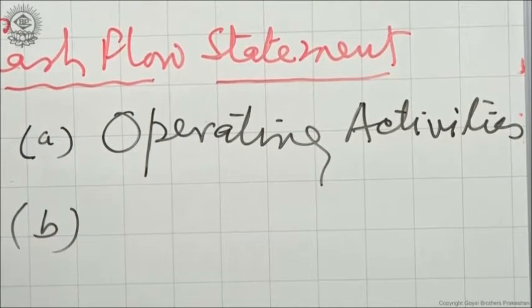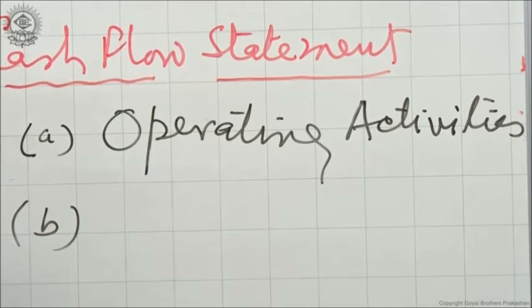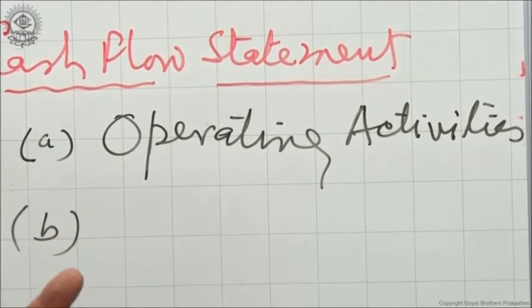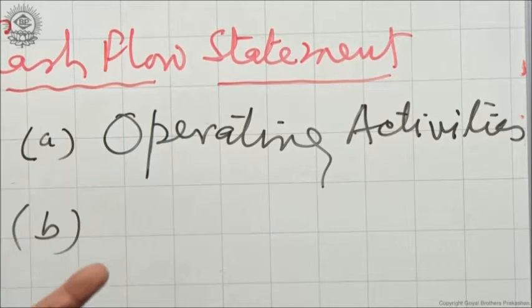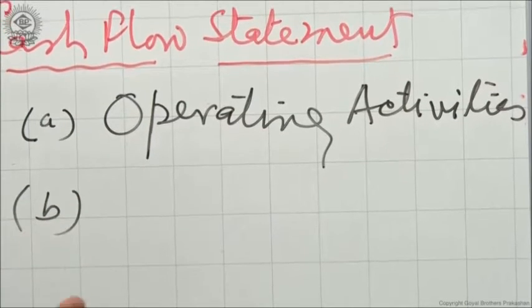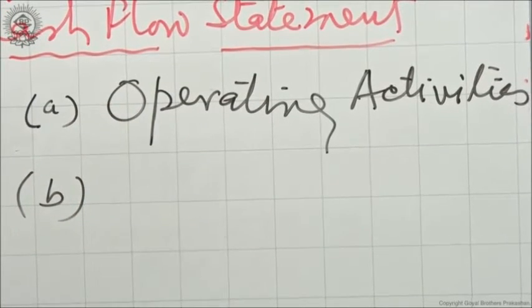Sale is an operating activity. Purchases are operating activity, paying wages are operating activity. All items that you enter in profit and loss account, they indicate operating activities, and you can understand what are the payments and what are the receipts on account of operating activities.